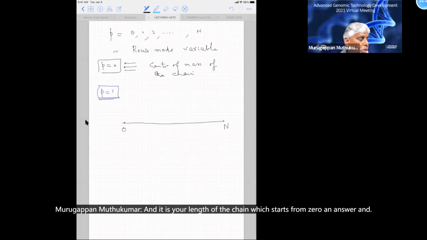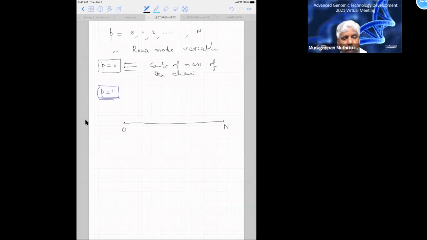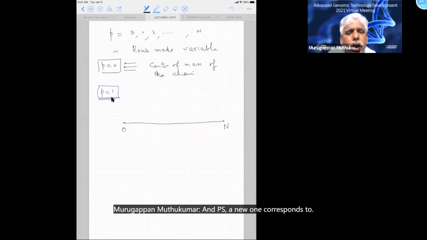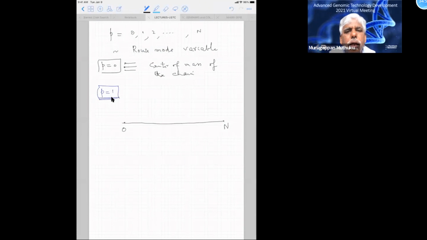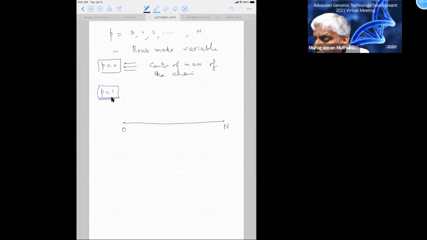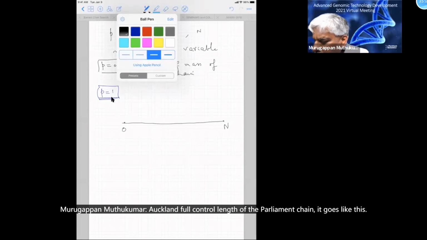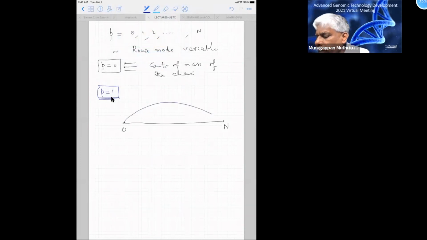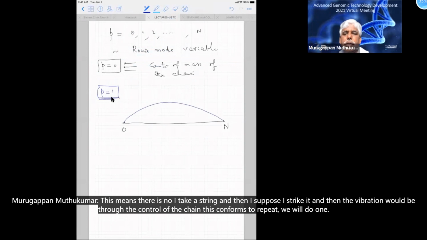It starts from 0 and ends with N. And p equal to 1 corresponds to a vibration, a normal mode, which spans the whole arc length, the whole contour length of the polymer chain. It goes like this. This means I take a string and suppose I strike it, and then the vibration would be throughout the contour of the chain. This corresponds to p equal to 1.